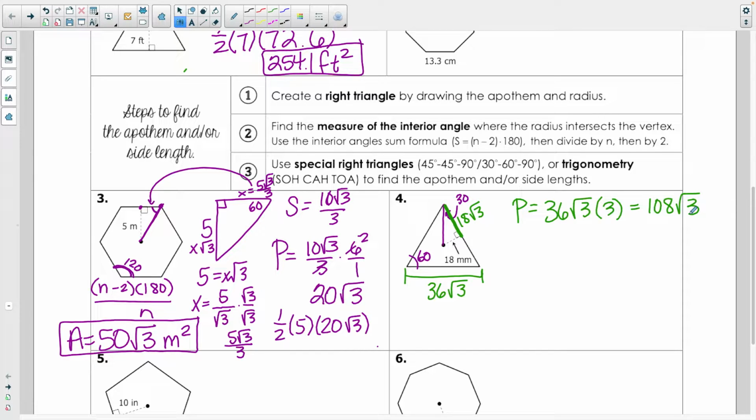So I have my perimeter and I have my apothem. So 1/2 apothem times perimeter. Since these are special right triangles, we're going to leave the square root of 3 instead of multiplying it out. So you're just doing half of 18, so 9 times 108. And just leave the square root of 3 on it. 972 square root of 3 millimeters squared.